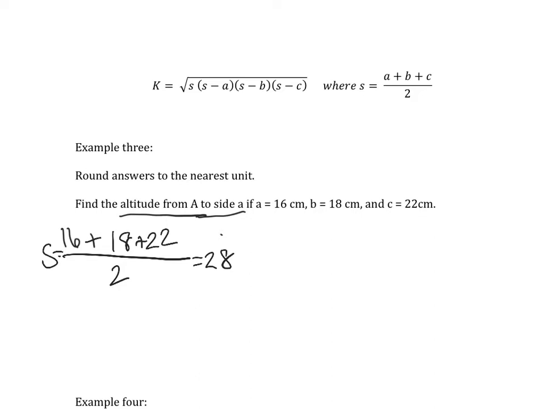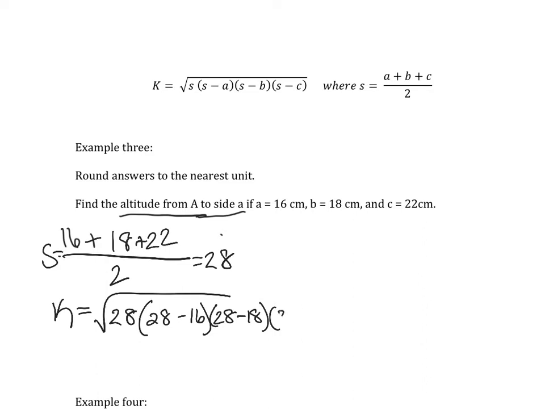We're then going to plug everything into our formula like we've done before, starting with that semi-perimeter, which is 28. Then we're going to do 28 minus 16, 28 minus 18, and then 28 minus 22.